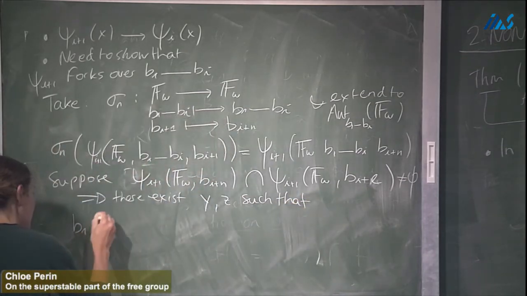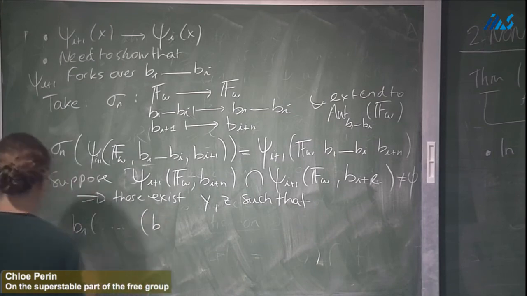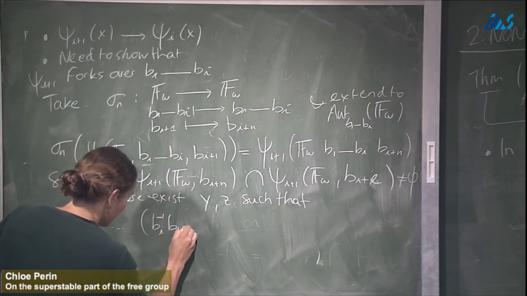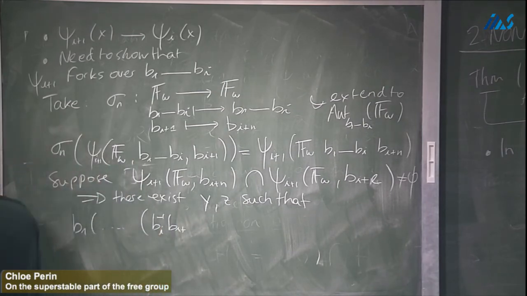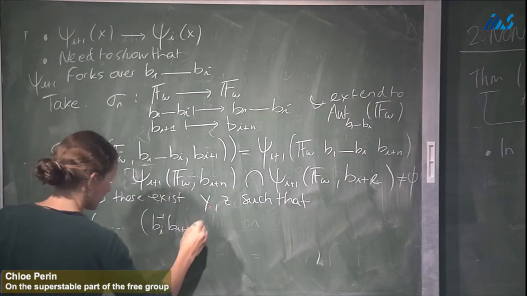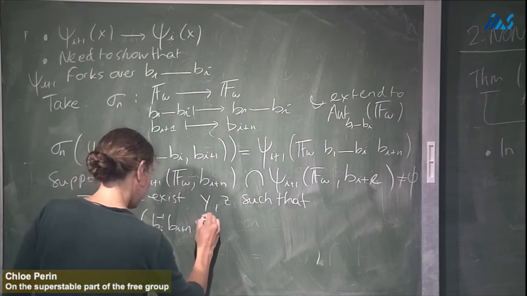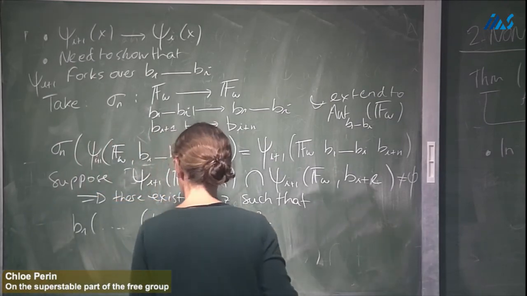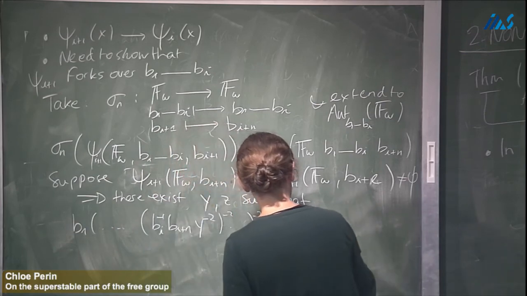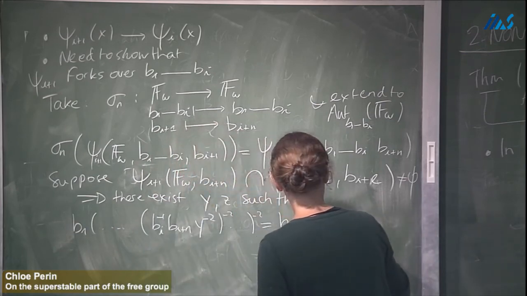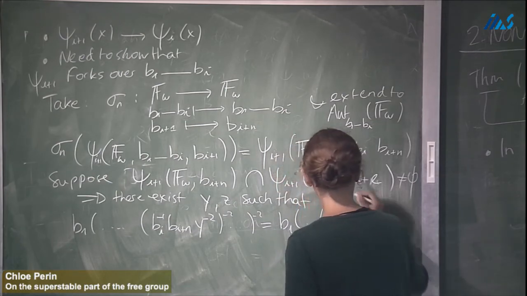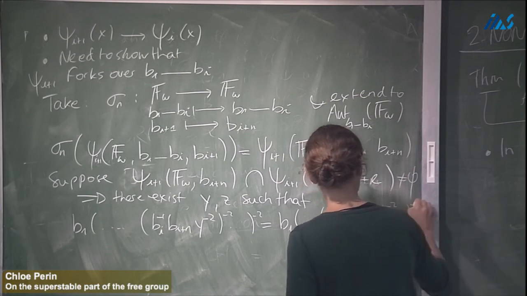So b1 up to bi minus 1, bi plus n, so here I replaced the bi plus 1 by bi plus n, y minus 2, is equal to b1 up to bi minus 1, bi plus L, z minus 2 minus 2.